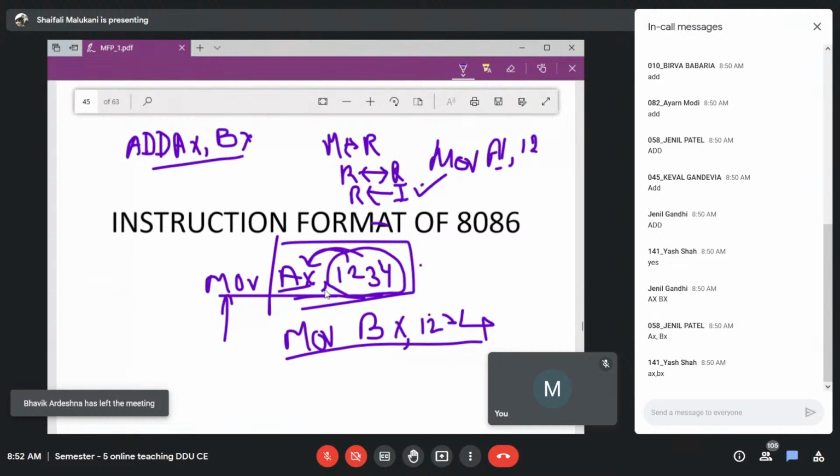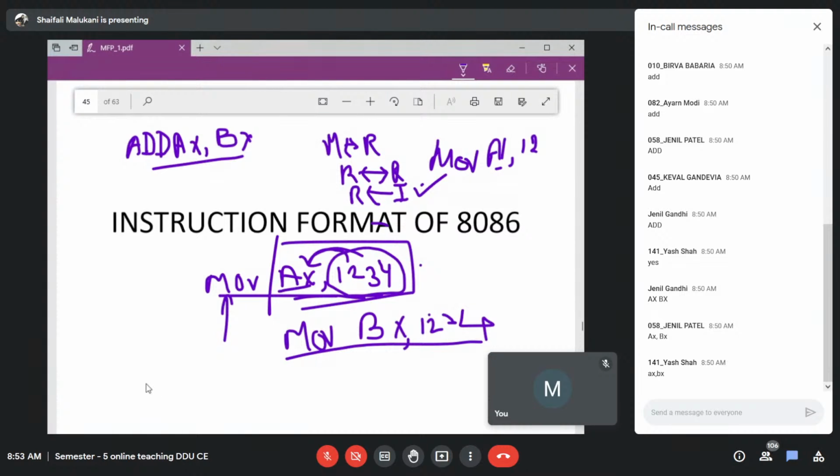Whatever options you have for move, you can accommodate those options in that template. That will be the template for immediate to register transfer. But what options will we have? Whether it is an 8-bit or 16-bit operation, whether it is for AX, BX, CX, or for SP or SI. So many registers are there. That is what machine code is all about.